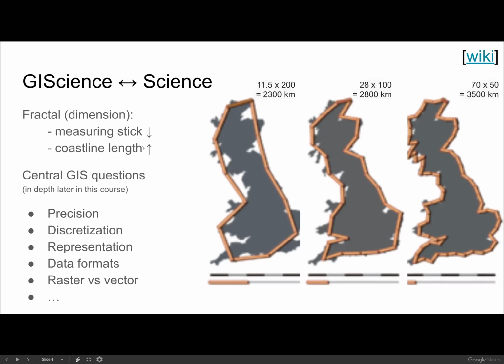We're not going to go in depth on it, but that was something that was observed when people were trying to measure the length of the boundary of an island. So I guess this is Great Britain. Depending on the size of your measuring stick, you can get different answers. If you measure with a stick like this, you get a certain answer, of course skipping some of the bays and so on.